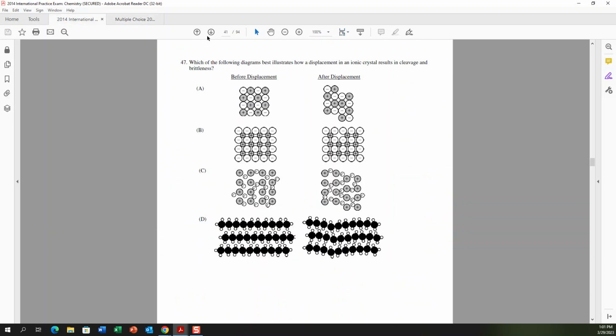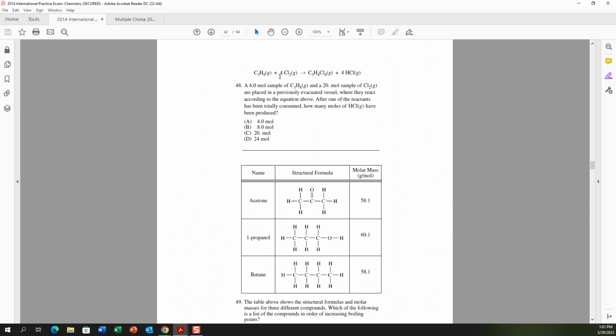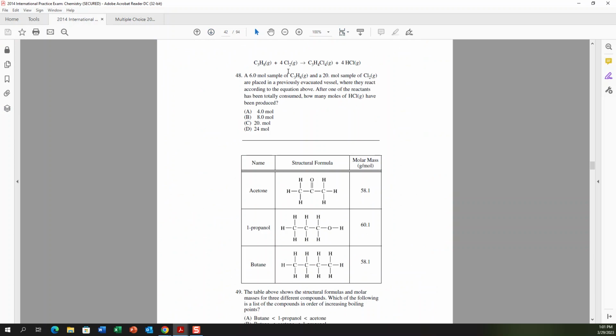All right, a couple more problems. So here we have this reaction: 6 moles of propane and 20 moles of chlorine react, and they want to know how many moles of HCl will be produced. So this is limiting reactant stoich. If 20 moles of chlorine react, it's a 1-to-1 ratio with HCl, so that could give you 20 moles of HCl.